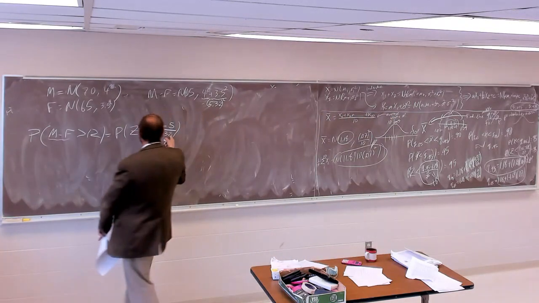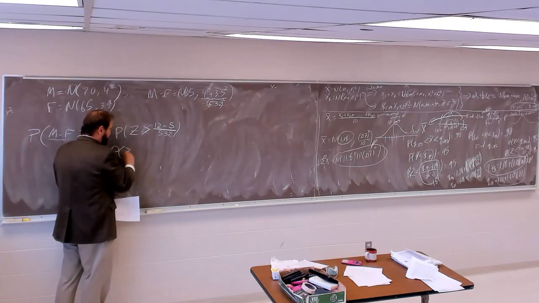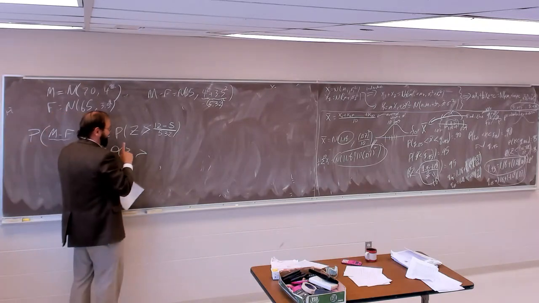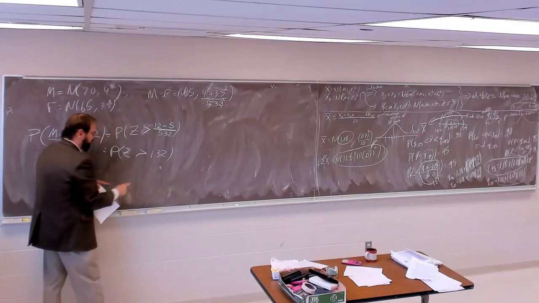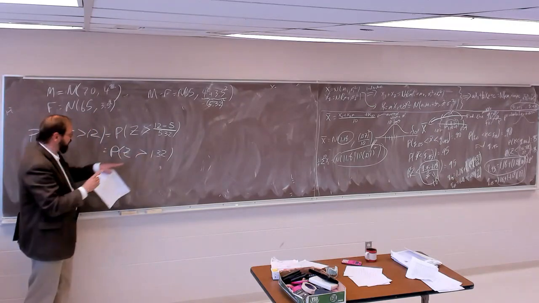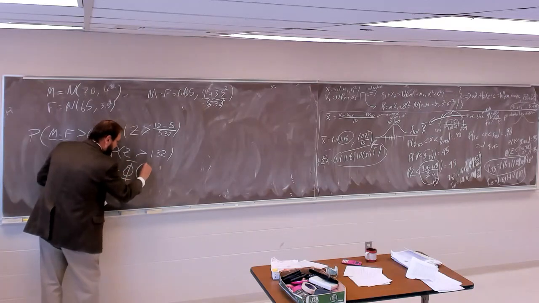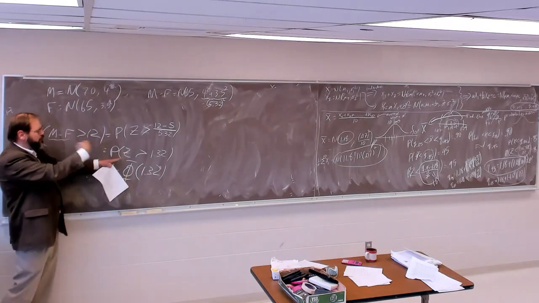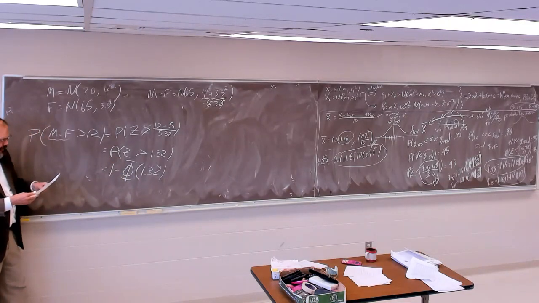So then we get this, which gives me a z-score of 1.32. And that's the probability Z is greater than 1.32, which would be 1 minus phi of 1.32. Phi is telling me the probability to the left, I want to know the probability to the right, so I will take 1 minus that.